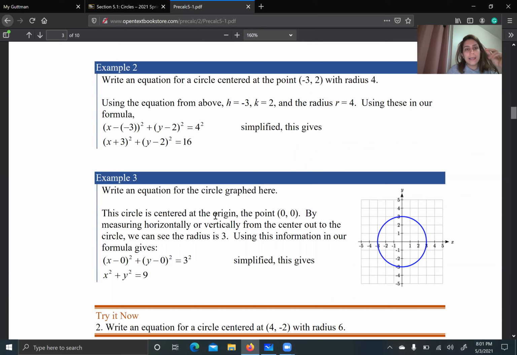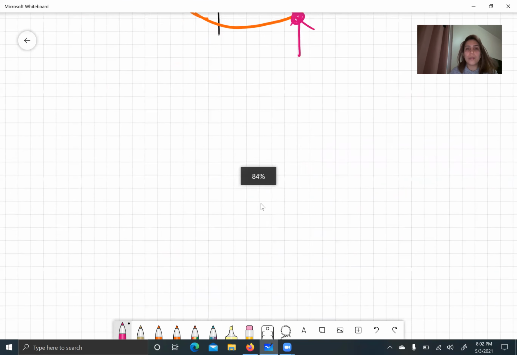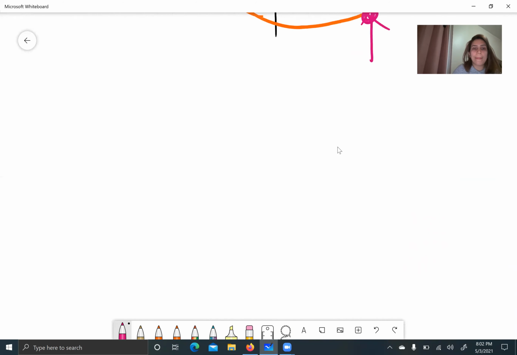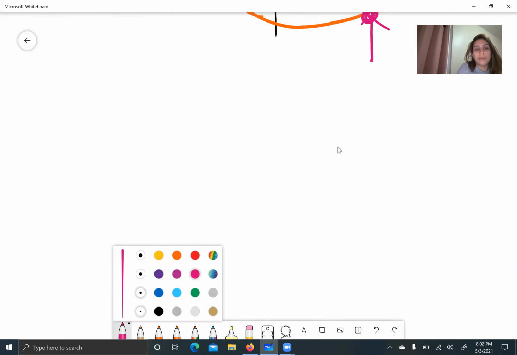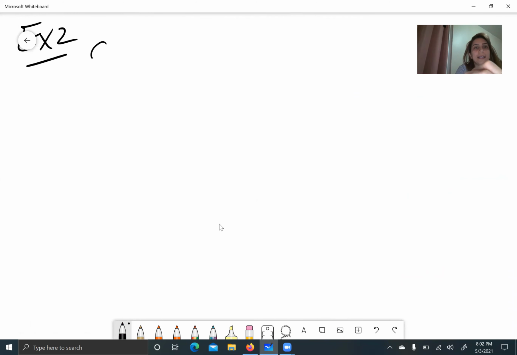Okay, so now let's do a little practice with the formula of the circle. The question says to write an equation of a circle with this center and radius. So the center and radius are given, and the question is to come up with the equation of the circle.